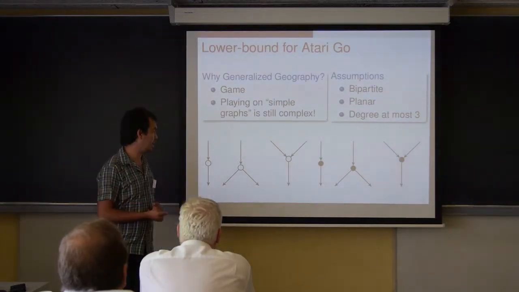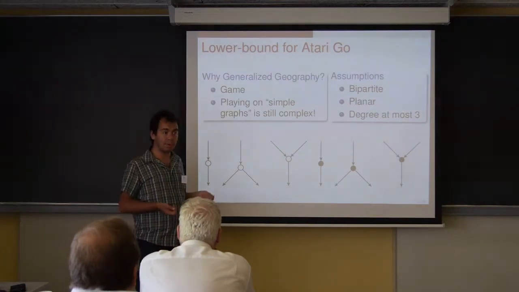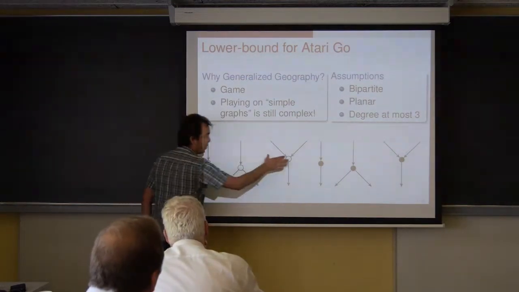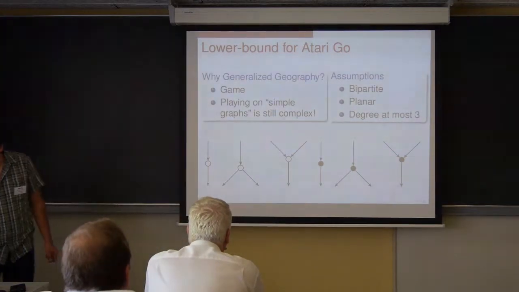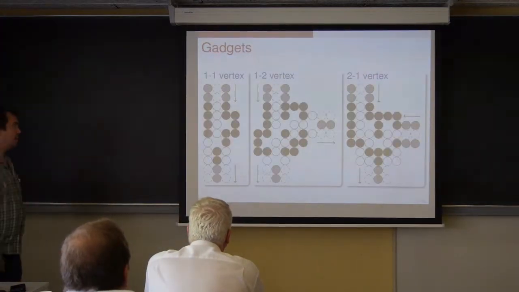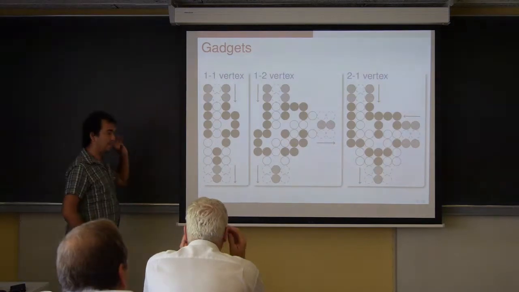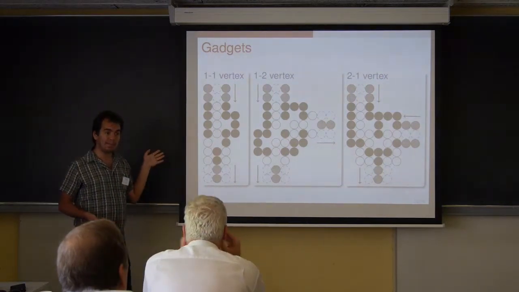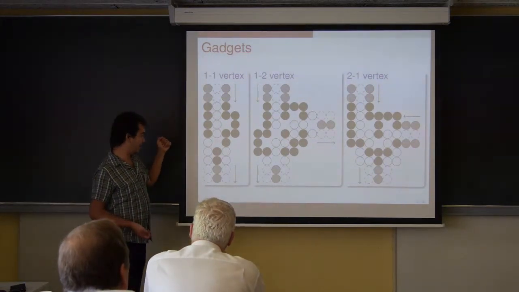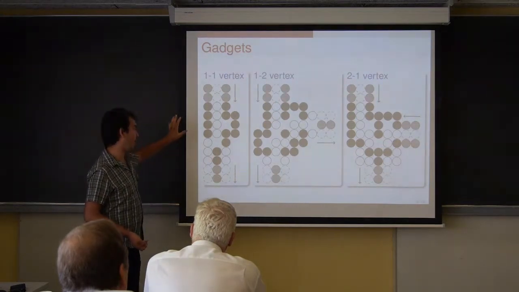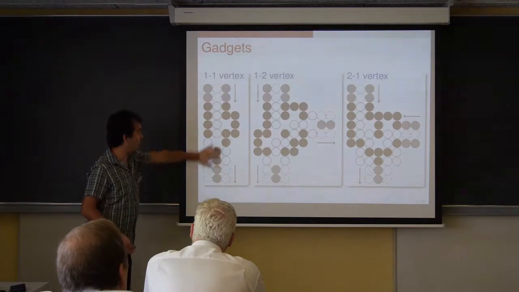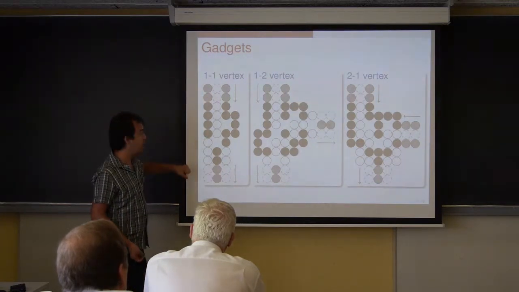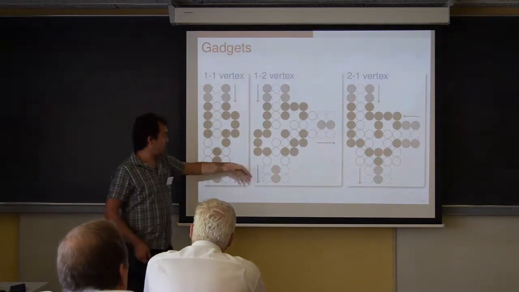Because the game is symmetrical, I actually need only 3 gadgets, one for this, and that, and then I will get the symmetrical variation for the other color. And for Atari Go, we get something like that. So we can represent the 3 main types of white vertices in this fashion. So this represents a 1-1 vertex, this is 1-2, this is a 2-1.